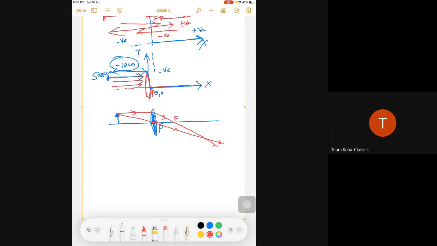Now, what happens if I consider this object as AB? If you put your eyes over here and see these two rays, you will see the image forming over here.